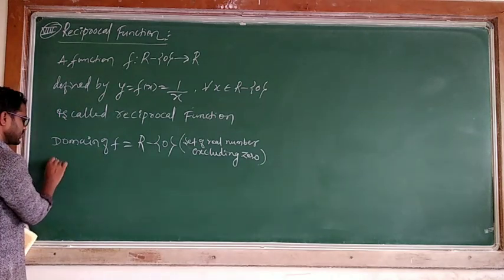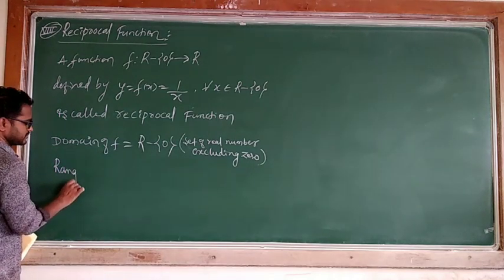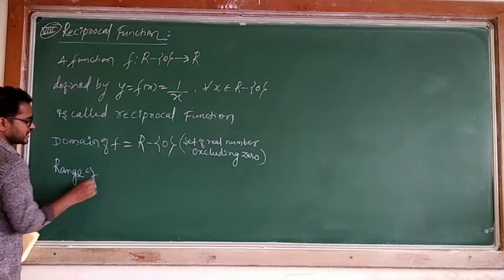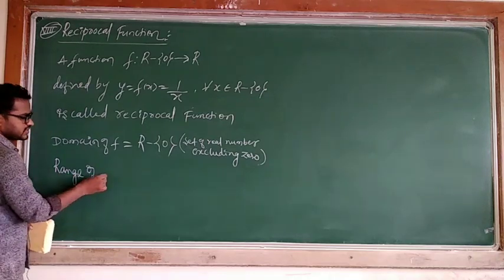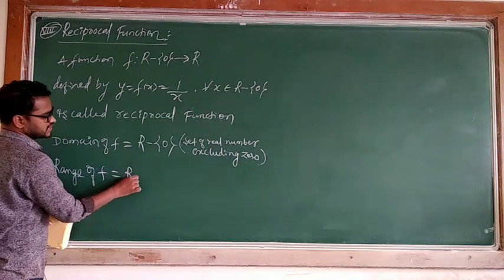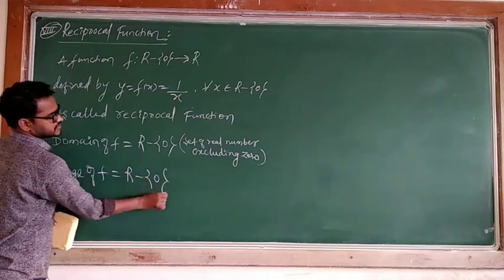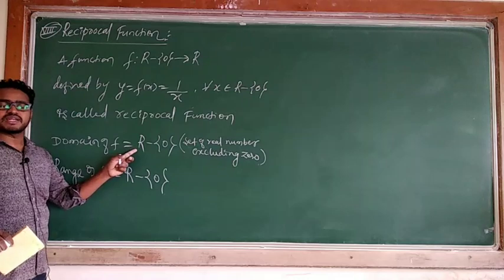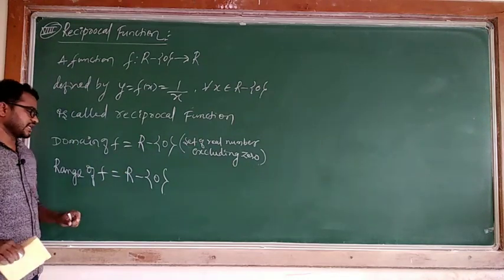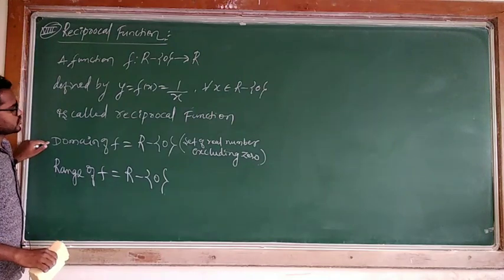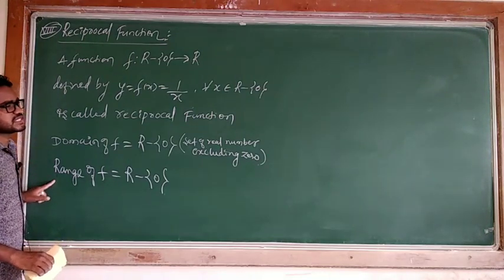What is the range? Range will also be the same. When you are not taking 0, you will not get 0 again. Range of this f is also the set of real numbers excluding 0, meaning 0 we are eliminating. Domain is the same, range is also the same here.